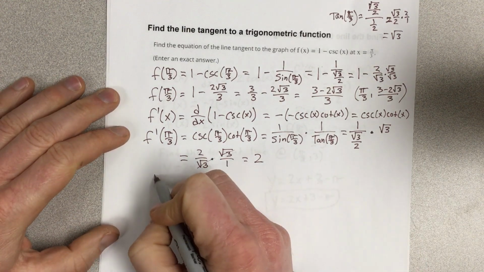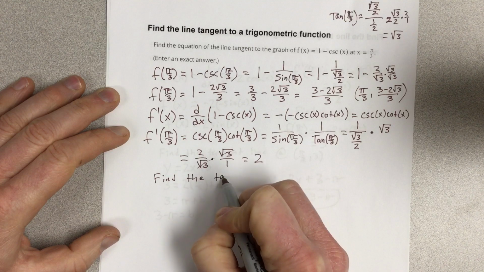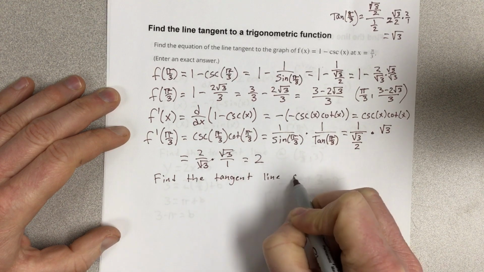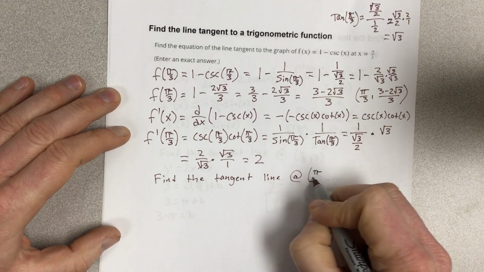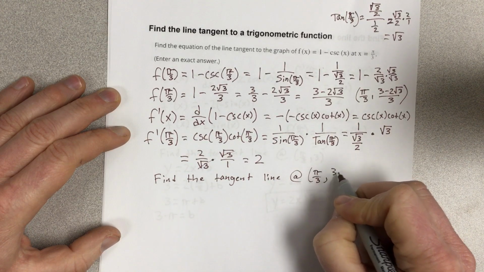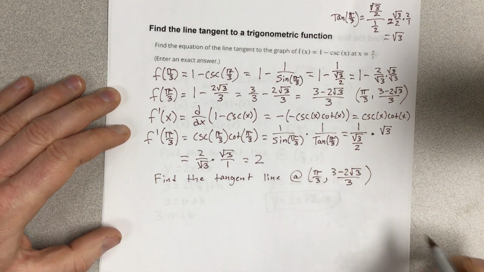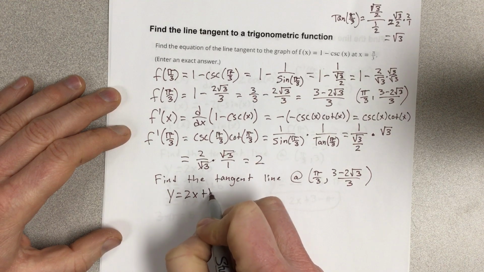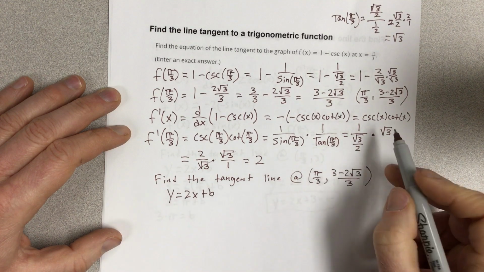So now I'm going to find the tangent line at pi over 3, comma, 3 minus 2 root 3 over 3. To do that, I'm going to plug in my slope, so I get y equals 2x plus b. Plug in my y.